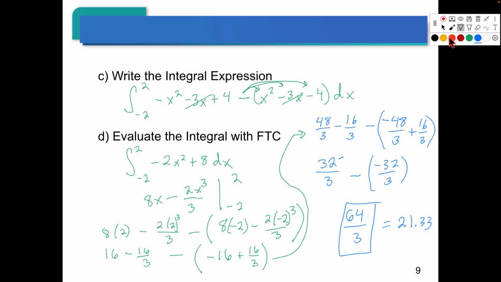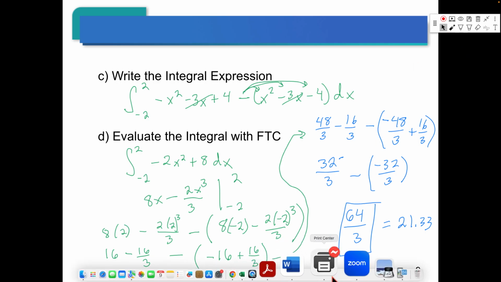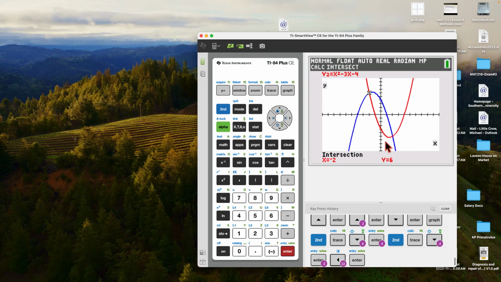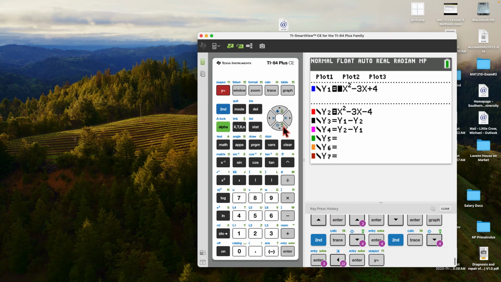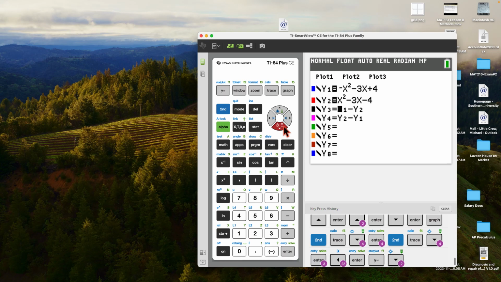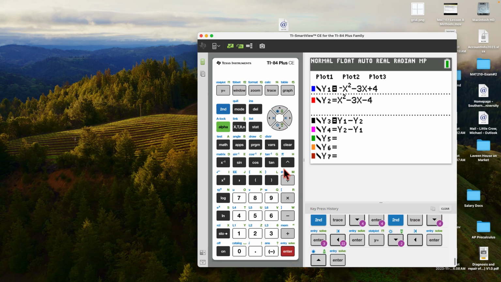So again, the nice part about this is we can always check with the technology. We can get the area between these curves, not directly, but we go back to our y equals, and in this case, y1 minus y2, y1's on top. We're going to turn this one on. We're going to turn these guys off.